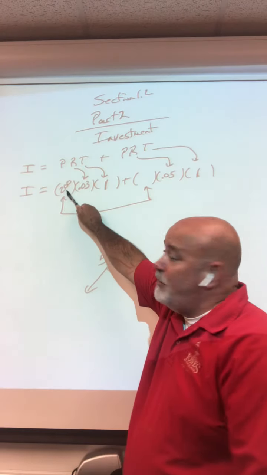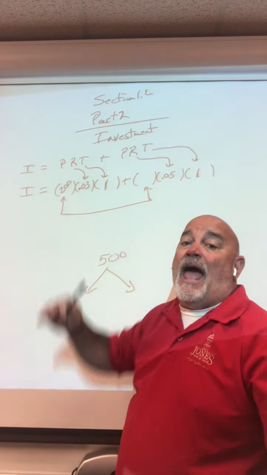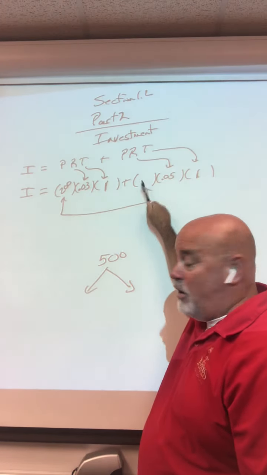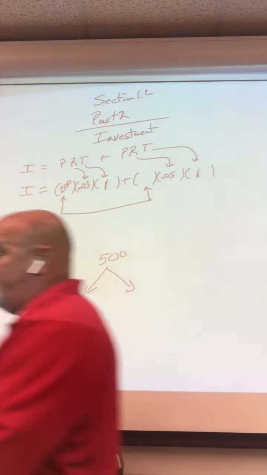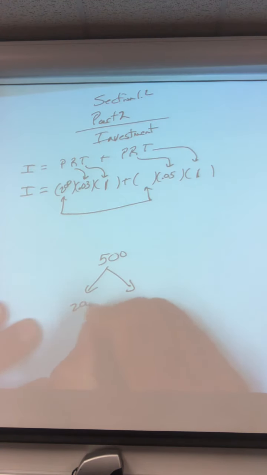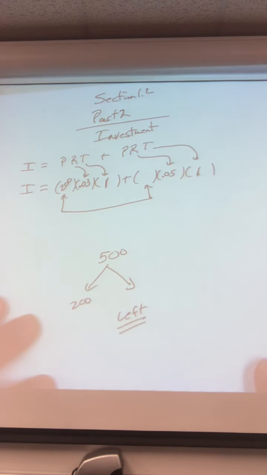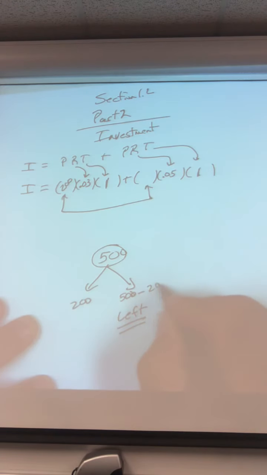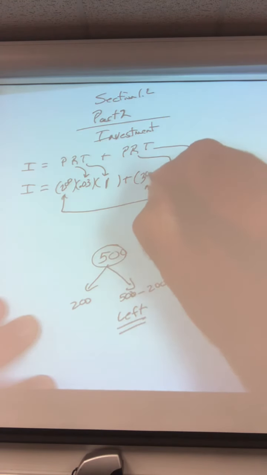It said he put $200 here, and the rest of it he put over here. Well, if he had 500, and he put 200 over here, how do you find out what's left? Well, that's easy. You take your total minus what he put over there, which is 300.